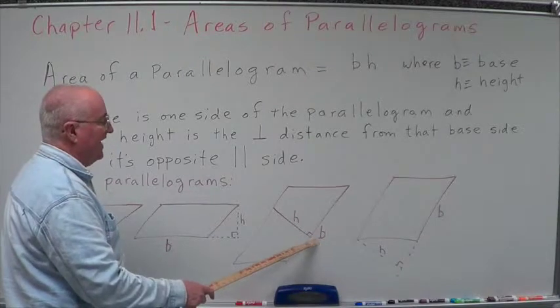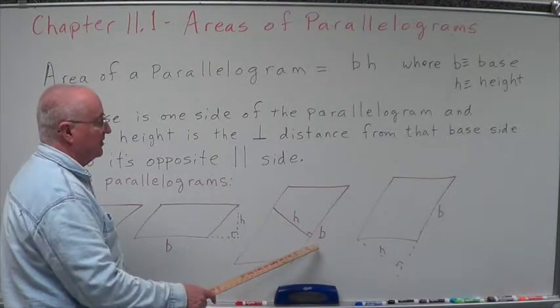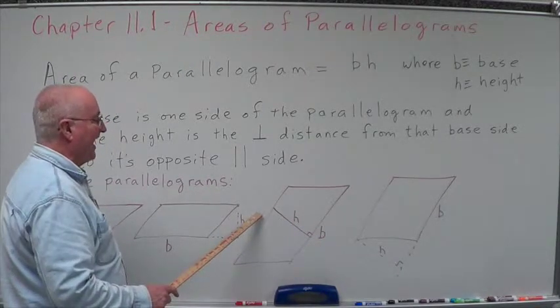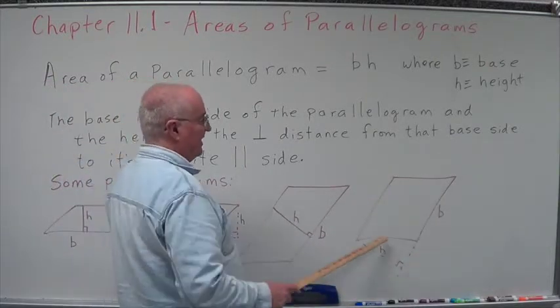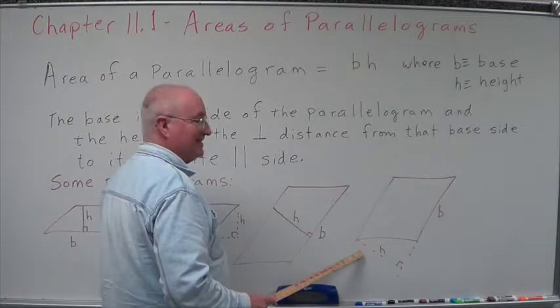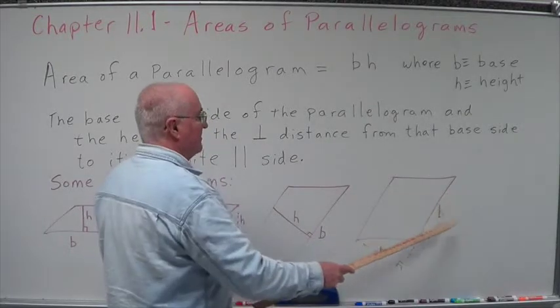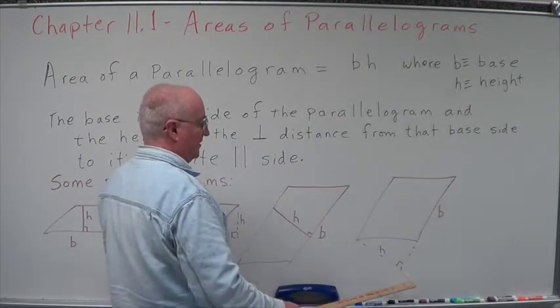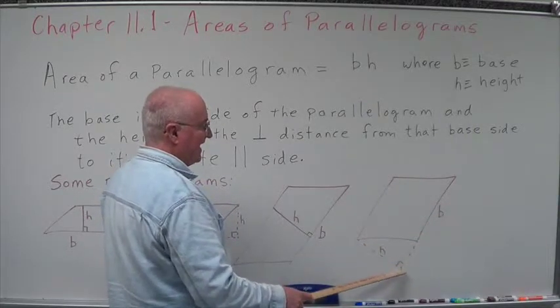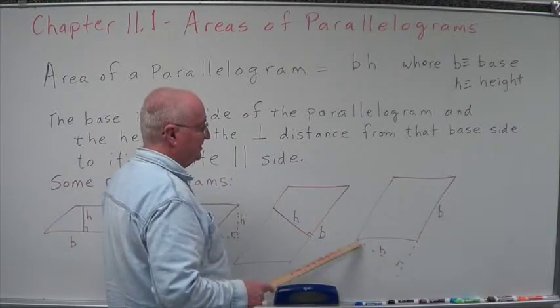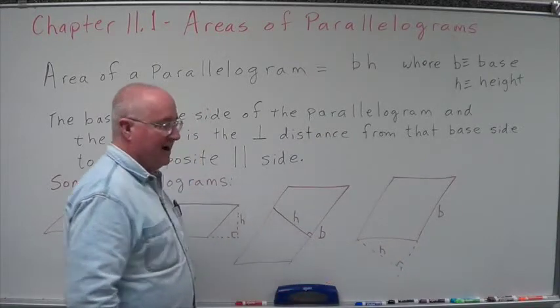We can use the other one, and the height is the perpendicular distance between this side and its parallel opposite side. Again, that height doesn't have to be measured inside of the parallelogram. It can be measured outside the parallelogram. This is the base, and we extended that, drew a perpendicular to this vertex, and there's our height.